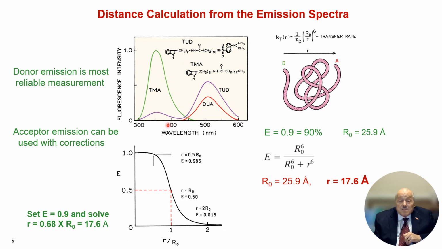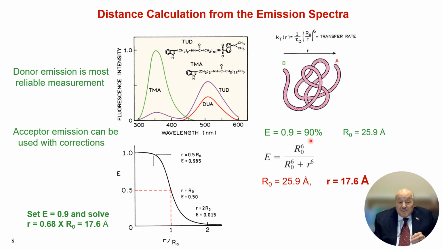Something you'll notice here, I'll bring this up again, is that the acceptor emission increases when there is energy transfer, as it decreases the donor emission. But that's a little bit harder to use. It can be used to measure the distance between the two species, but it's not as simple. So anyway, you take this 90%, and we had a known value for the Förster distance, and you can plug it into this equation and calculate that the distance is 17.6 angstroms between these two molecules.